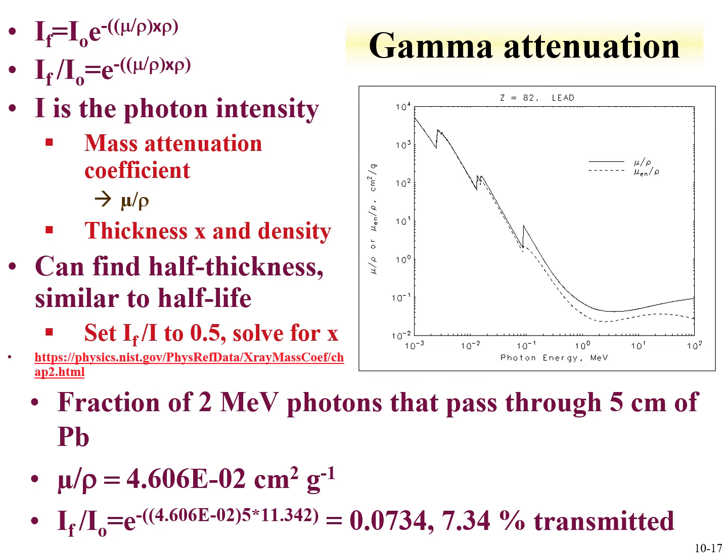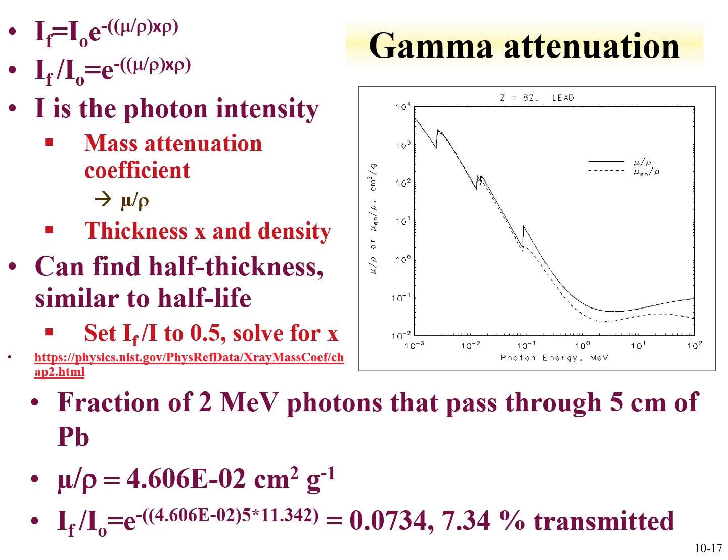For instance, for thallium-208, which emits a 2.6 MeV photon responsible for a large dose, if you had the half thickness, you'd know how much material you would need to cut down the dose by 1/2, to 1/4 of the amount, to 1/8 of the amount. As a simple example, one can determine what fraction of 2 MeV photons survive passing through 5 centimeters of lead.